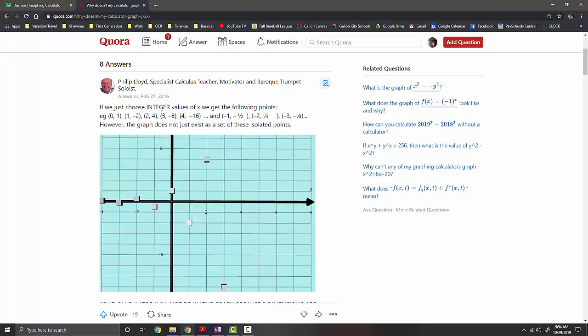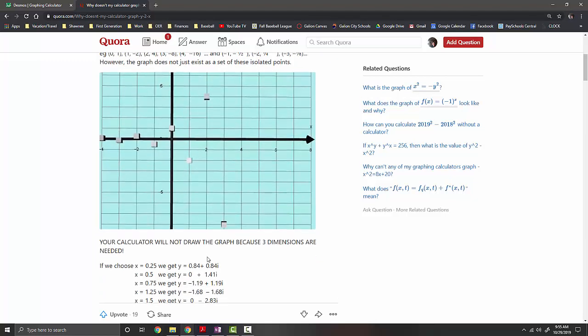If we choose integer input values, these are the outputs that we get, and so forth. So we can plot those, but you see even these points don't really show a nice, neat graph.